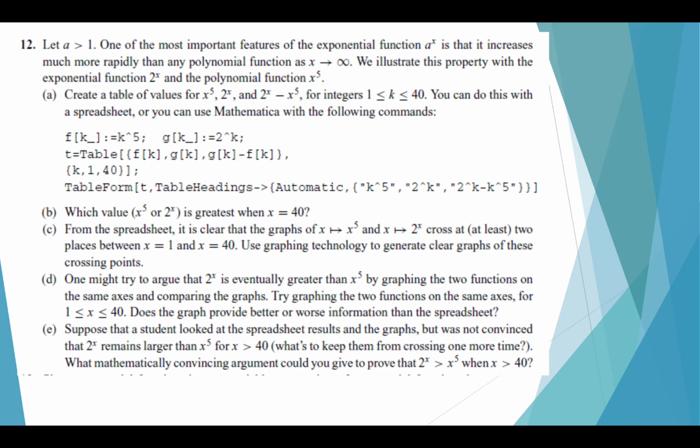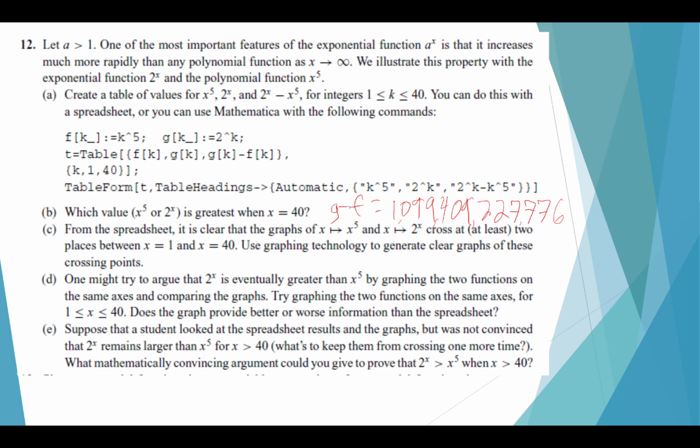And to be honest, when you check it at 40, G minus F is equal to a very large number, so I would not choose to do this by hand. You shouldn't. You should use software.